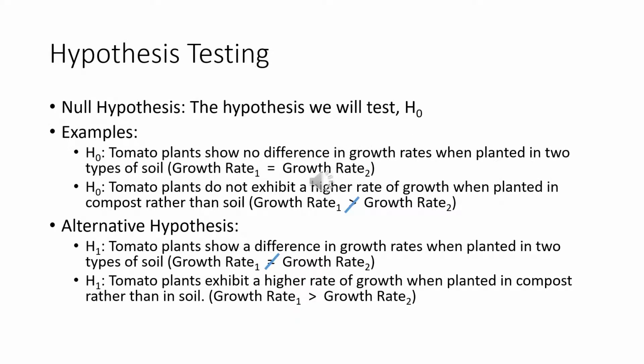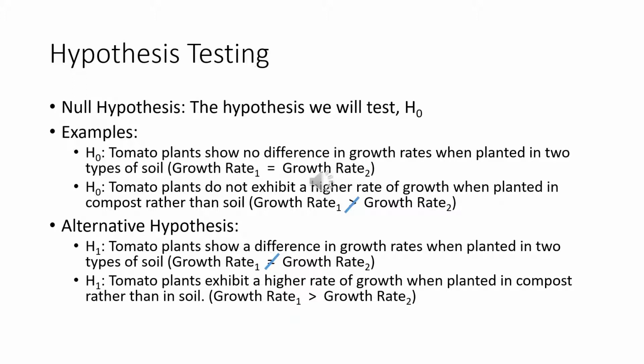Okay, let's talk about hypothesis testing. First thing is the null hypothesis. I know we talked about this before, but this is the hypothesis we will test. This is H sub 0, which is how I designate it. Null, just like it says, no difference. Some examples: tomato plants will show no difference in growth rates when planted in two different types of soil.